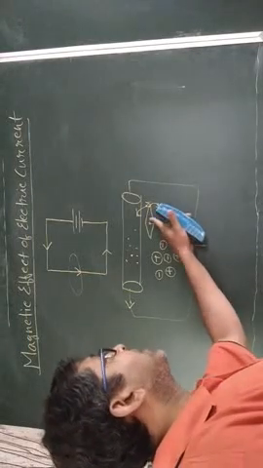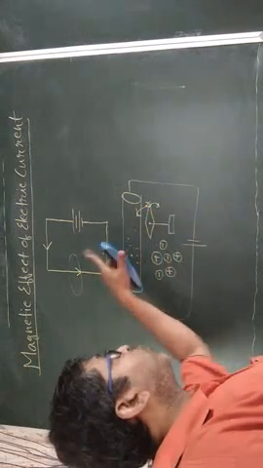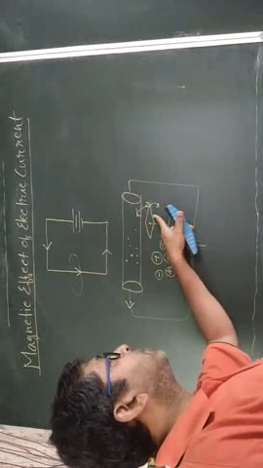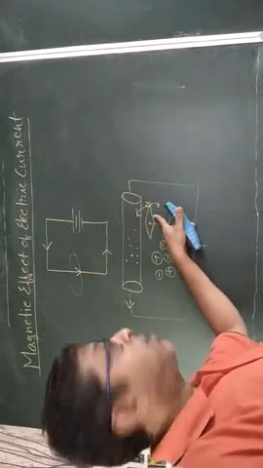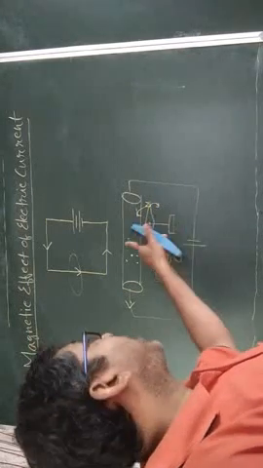That means when current flows through this, it will produce its own magnetic field, and in that magnetic field this magnetic needle is placed. It is a comparatively weaker field which is deviated by this stronger field.